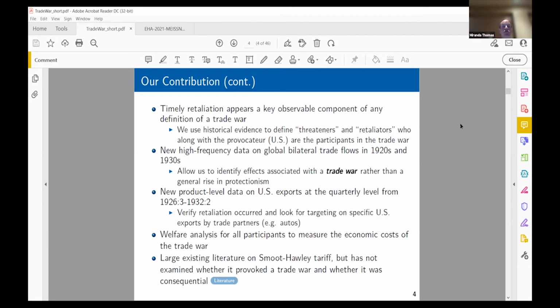And so there's this notion that you can use trade strategically in a trade war to try to get at a particular trade partner. And so that's what's going to distinguish it again from protectionism.